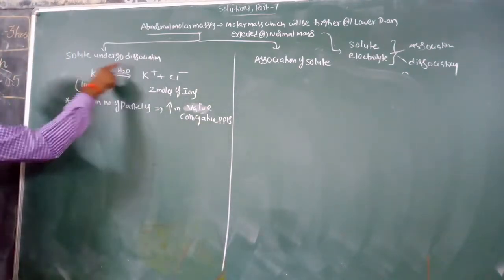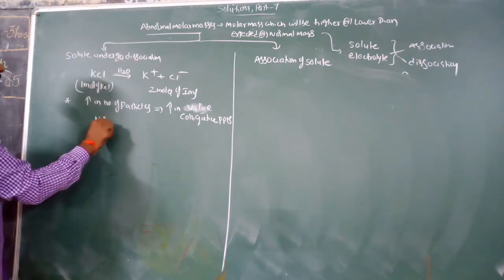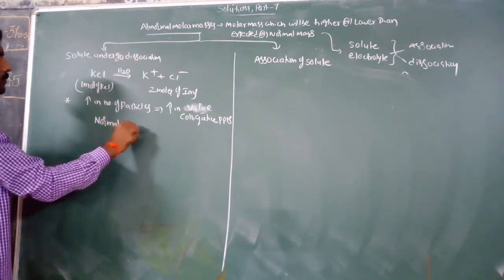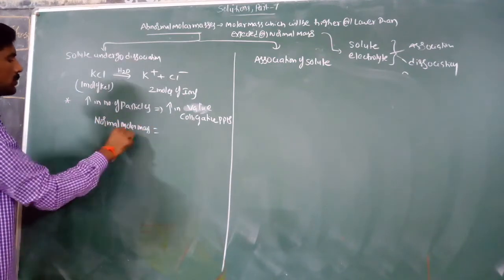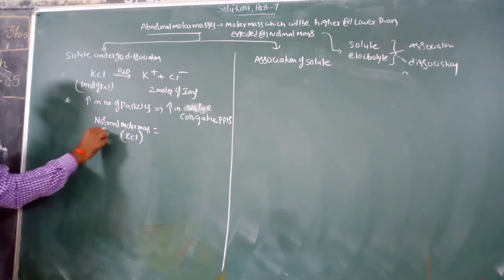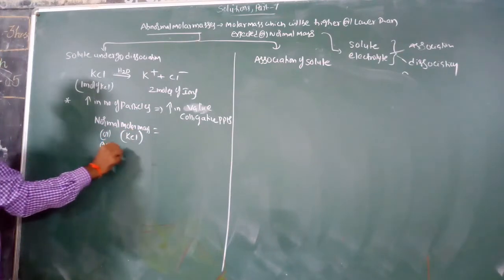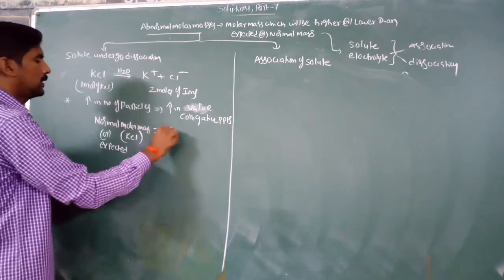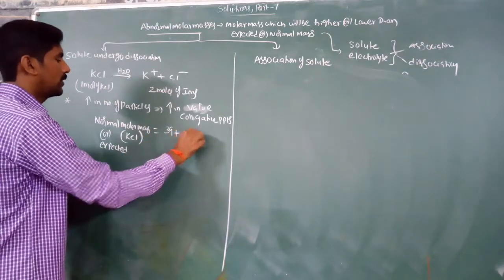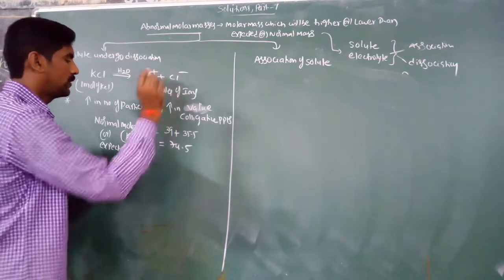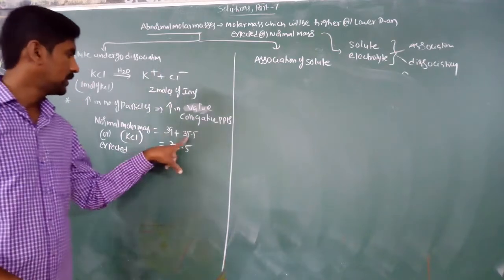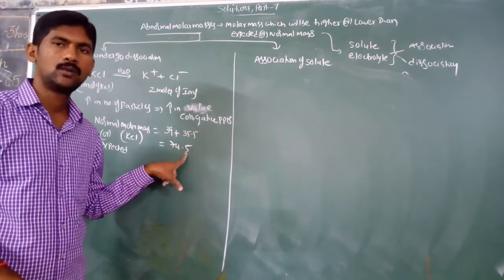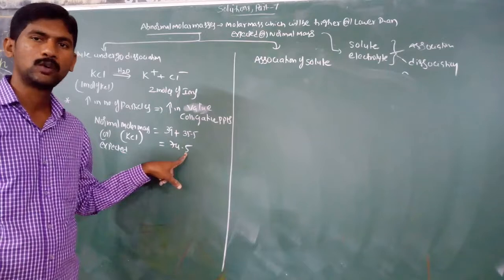So, if a solute undergoes dissociation, what is the normal or expected molar mass of KCl? Potassium is 39, chlorine is 35.5, so the normal molar mass is 74.5.